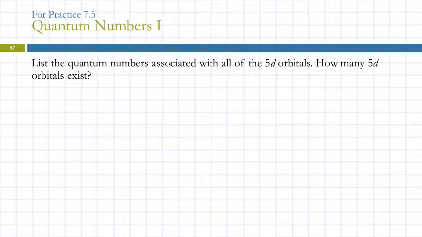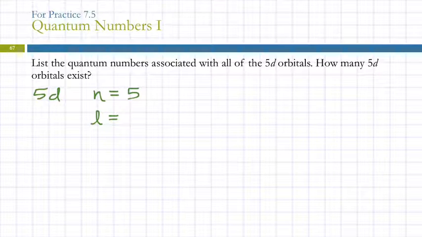Okay, so we should be able to do things like this. List the quantum numbers associated with all of the 5D orbitals. How many 5D orbitals exist? Well, what does 5D tell us? That gives us 2 of the numbers. What is N? N is 5. And L is what?